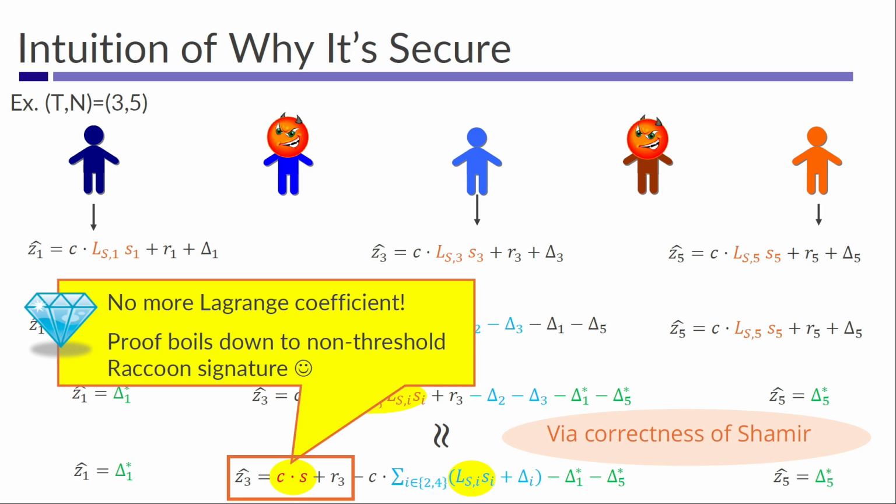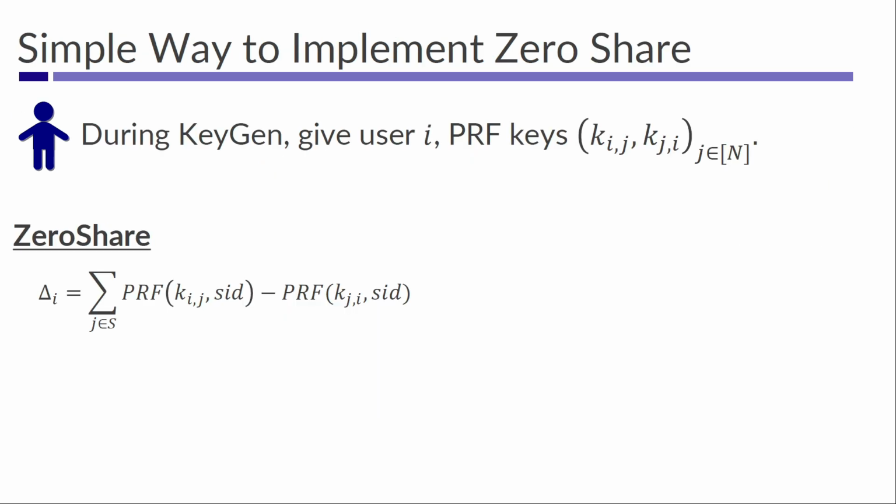So at this point, we only need to simulate this C times S plus R3, which is exactly what we would have done if this was a standard non-threshold raccoon signature scheme. So we can just rely on previous techniques. This is a simplified proof. The actual proof will be a bit more complicated because there are a lot of states and consistency issues, but this is the gist of it.